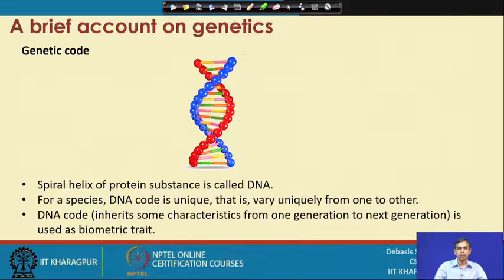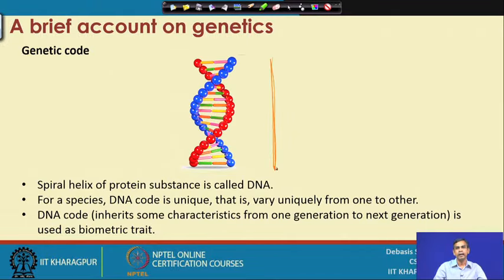A genetic code basically looks like a spiral helix. It is basically a protein substance, and this protein is called DNA, deoxyribonucleic acid, and a typical look of the DNA is like this. So, this is a DNA structure, and this DNA has its own unique structure for a particular individual, and that is why we say that it is unique.